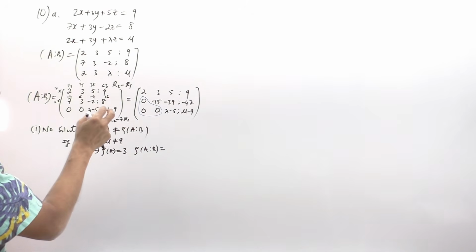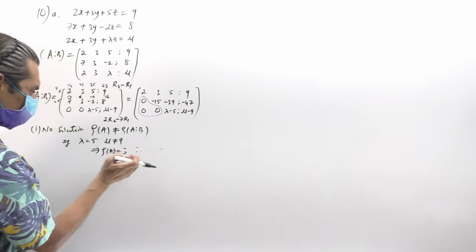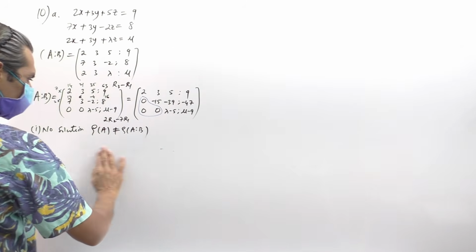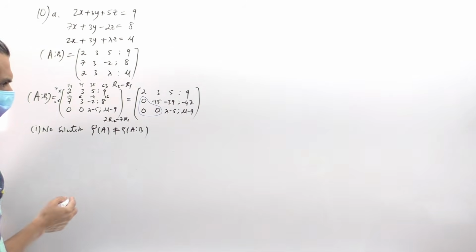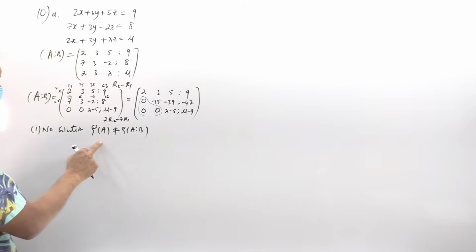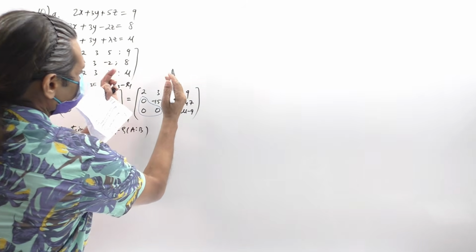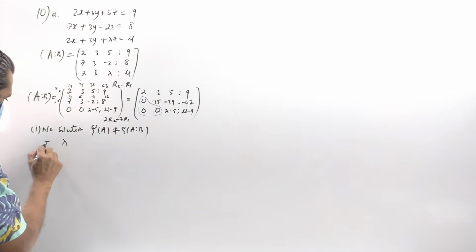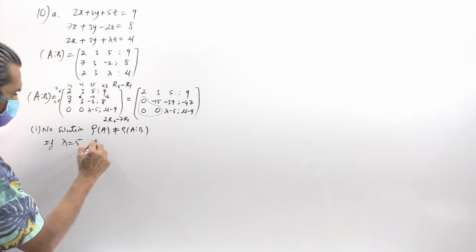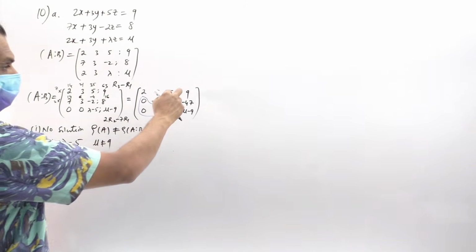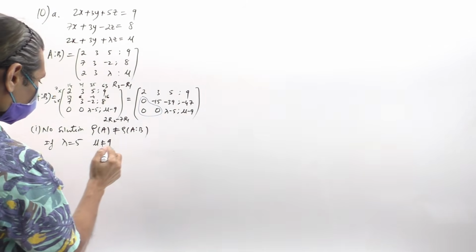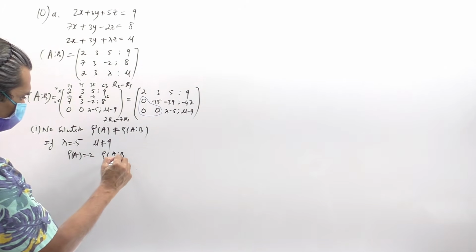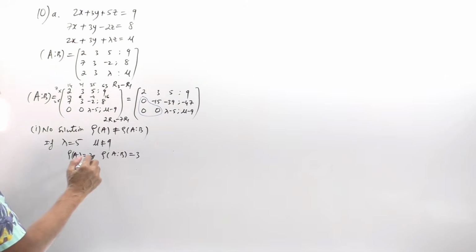That is only possible here when I want both ranks to be unequal. This thing is rank A and this whole thing is rank of A augment B. So now if lambda is equal to 5 and mu is not equal to 9, in that case if lambda becomes 5, this whole row becomes 0, then rank of A will be 2 and rank of A augment B will be 3.